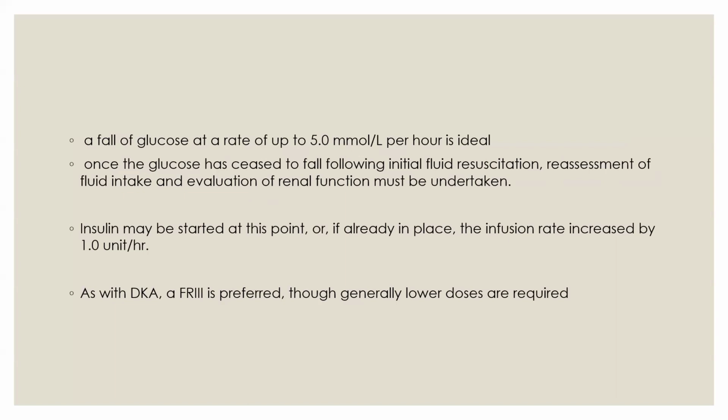Once the glucose has ceased to fall following initial fluid resuscitation, then reassessment of the fluid intake and evaluation of the renal function must be undertaken. Insulin may be started at this point, or if already in place, the infusion rate increased by 1 unit per hour. As with DKA, the fixed rate insulin infusion is preferred, though generally lower doses are required.